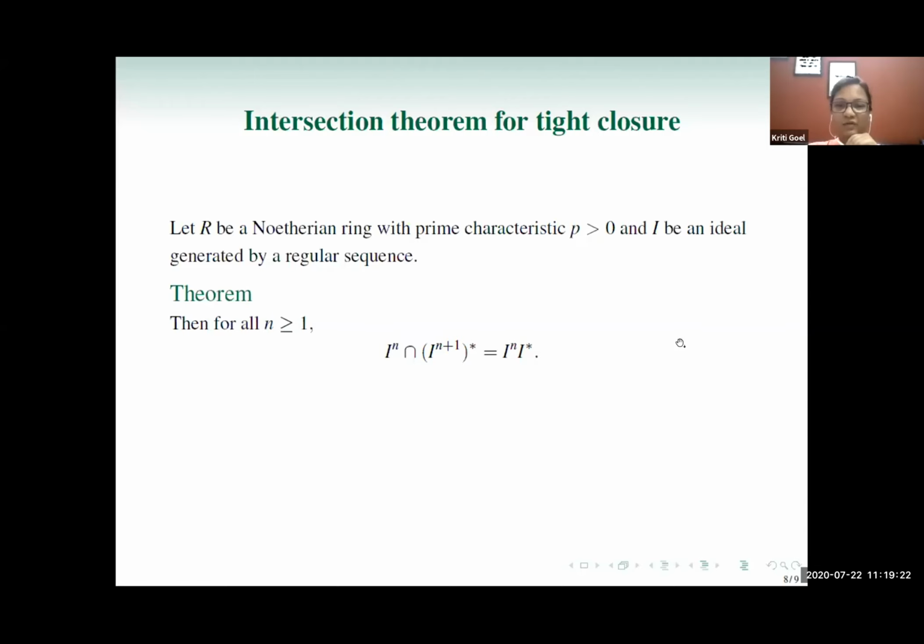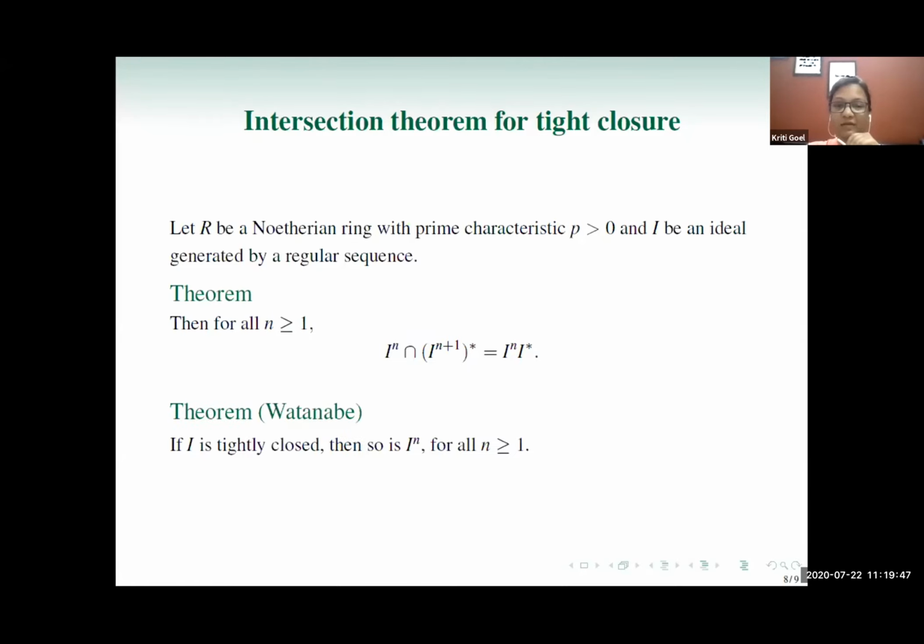A version of this theorem for integral closure, and of course a motivation for this theorem, comes from an independent result of Huneke and Itoh, where they proved this result for the integral closure filtration. Prime characteristic p, I is an ideal generated by a regular sequence. We proved that for all n bigger than or equal to 1, the following intersection condition holds.